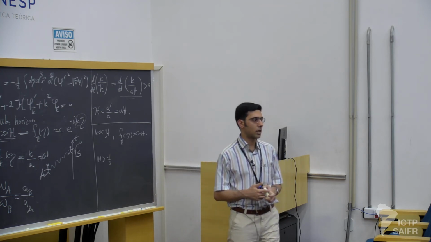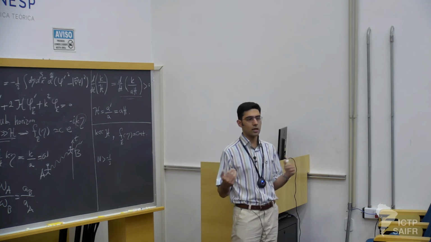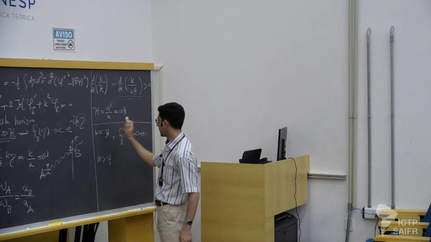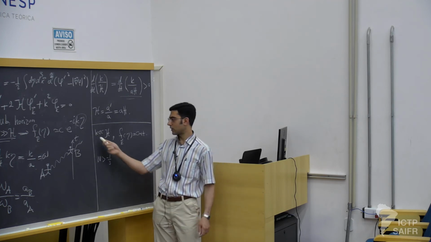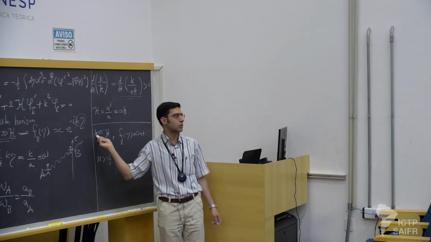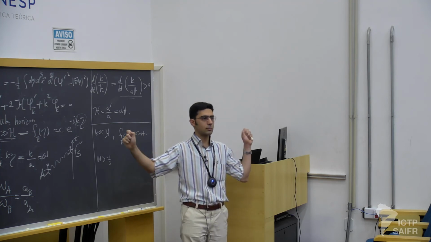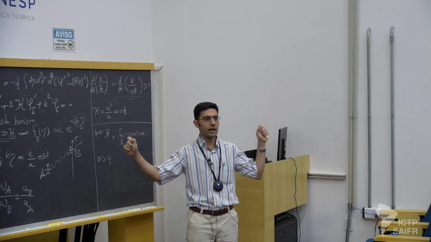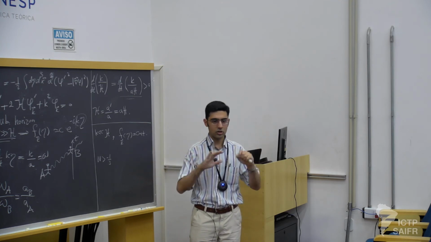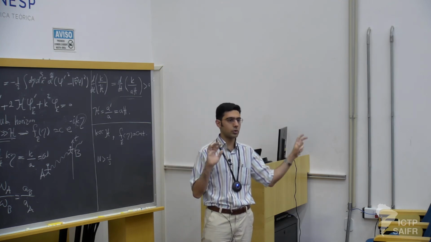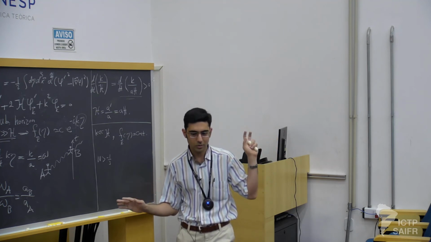these modes are called super-horizon. Super-horizon because if I consider the wavelengths of these modes, the wavelength is much larger than the characteristic cosmological scales that we are dealing with. So these are two very different regimes, sub-horizon modes versus super-horizon modes.